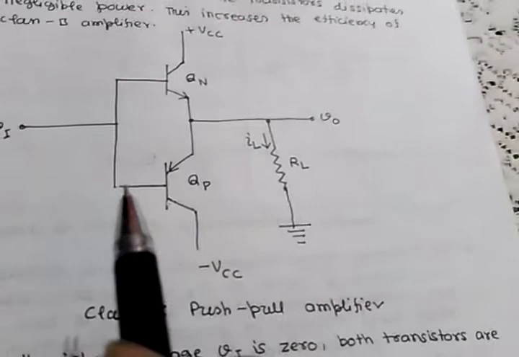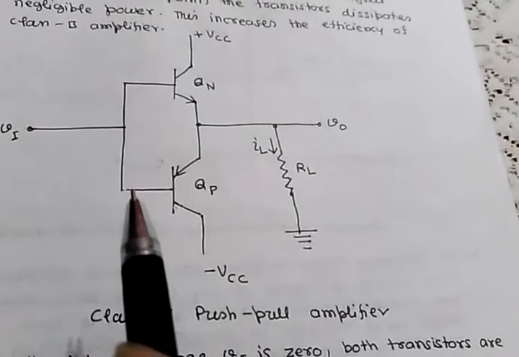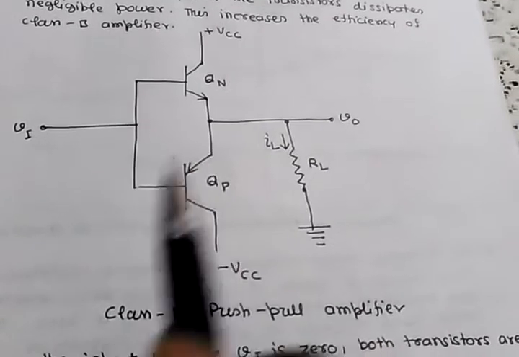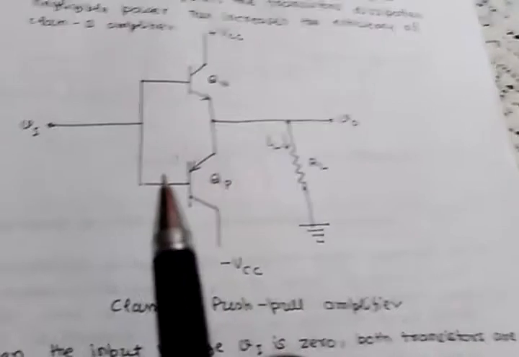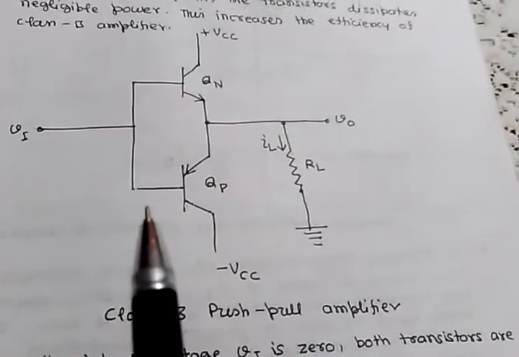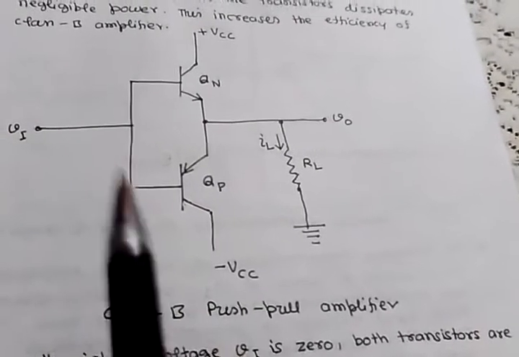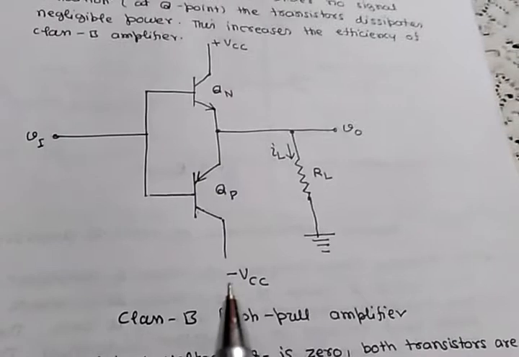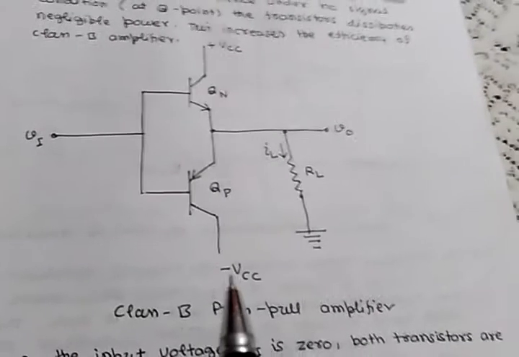In this case, the N region base is at lower voltage than the P region emitter, so the emitter base junction will be in forward bias condition.